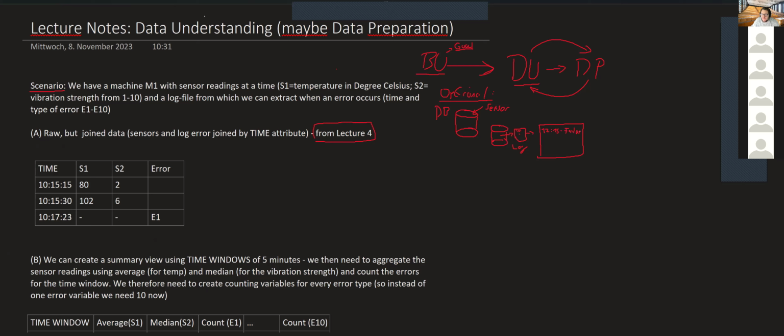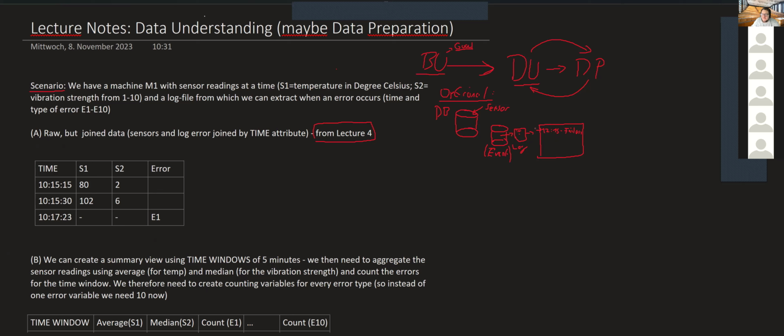The log file will not document 12:10, everything's good; 12:15, failure; 12:20, everything's good. It will just put the time and when something happens. This is an event log, so maybe even call it an event log. An event log will just log when something happens that is worth putting out.